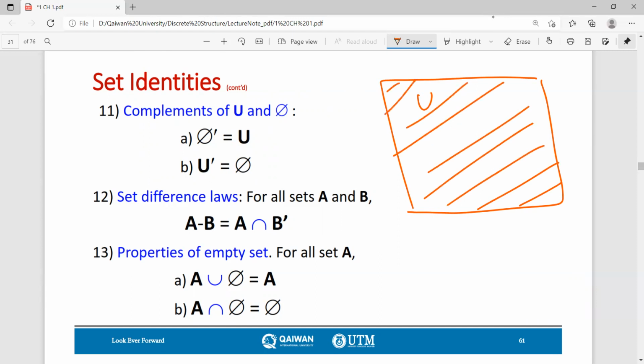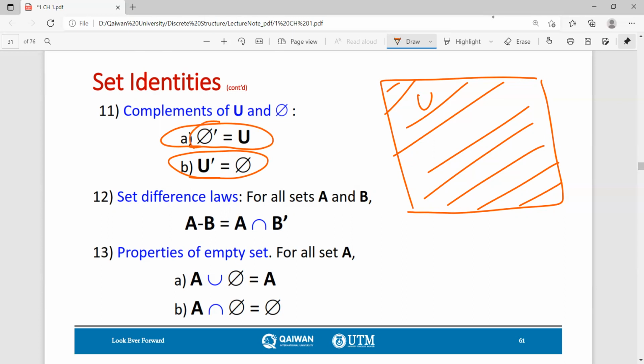The complement of this set is nothing. That means the complement of the universal set is an empty set. And the complement of nothing is the universal set. The complement of an empty set is the universal set.